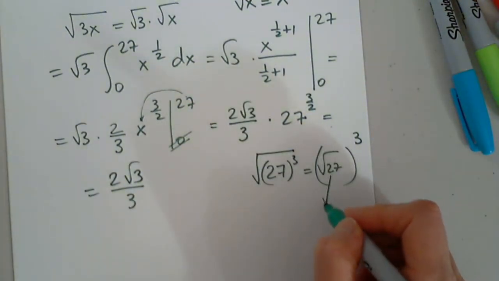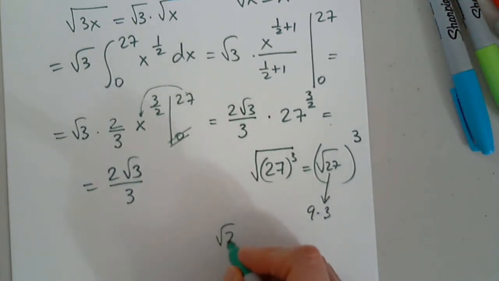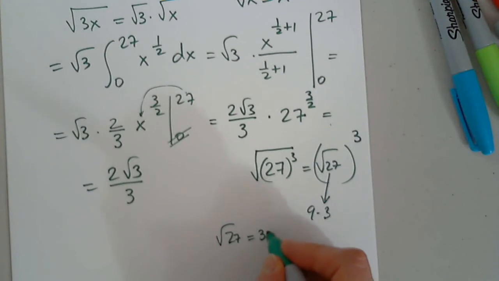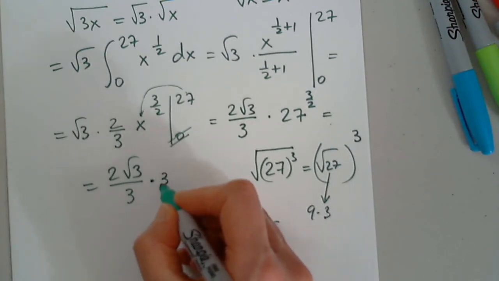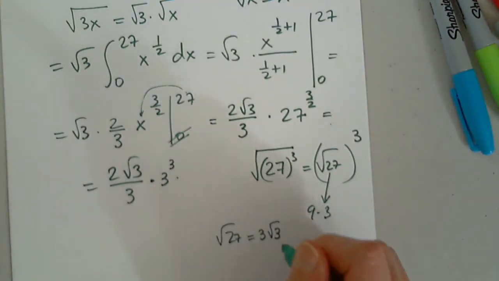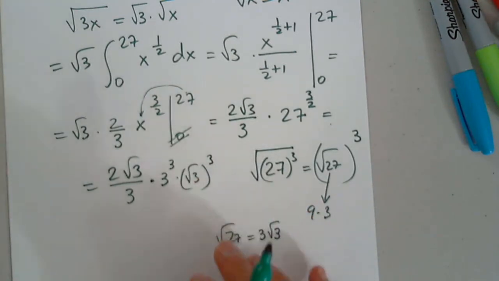But the square root of 27 is 9 and 3, right? So the square root of 27 is 3 the square root of 3 to the 3rd power. So this is times 3 to the 3rd power times the square root of 3 to the 3rd power.